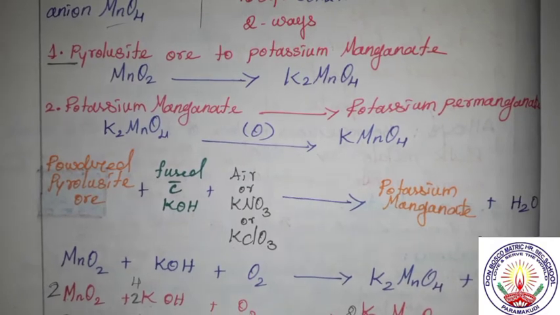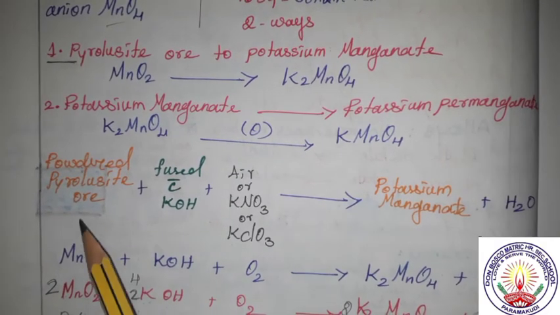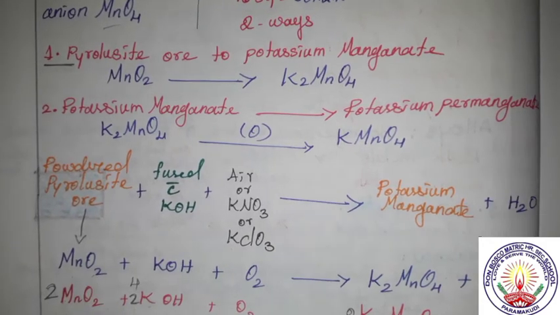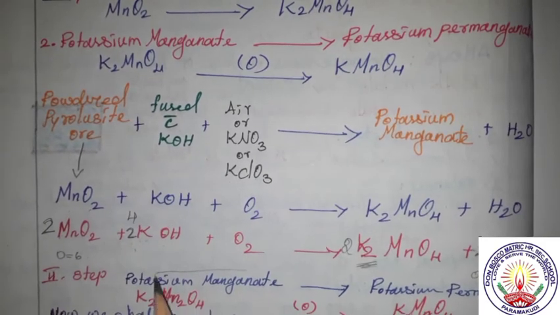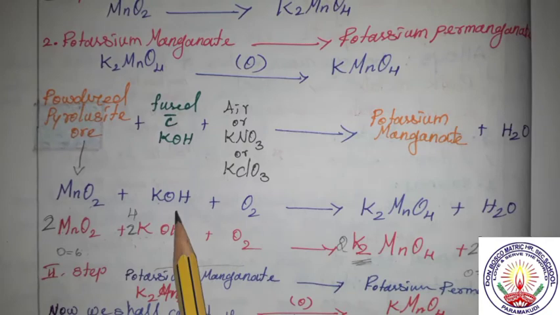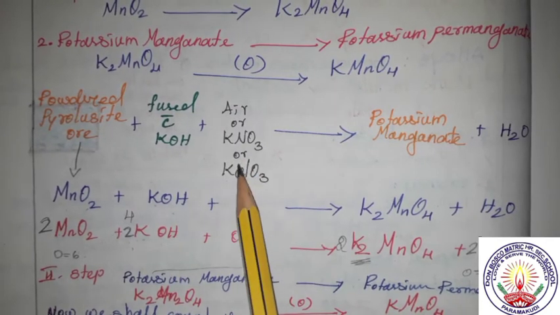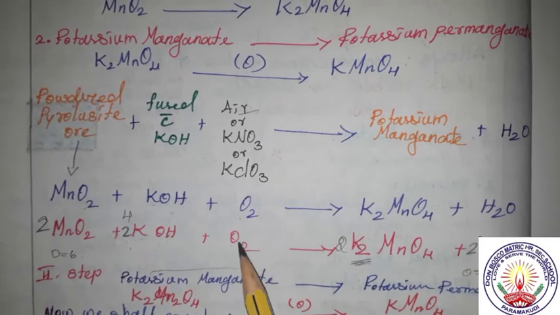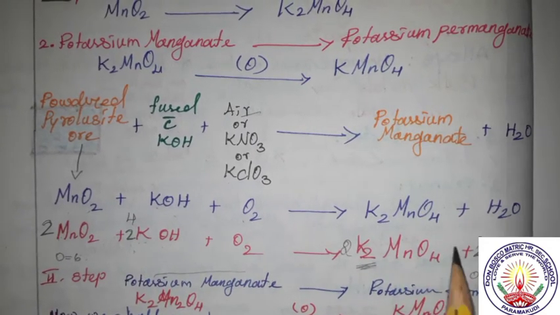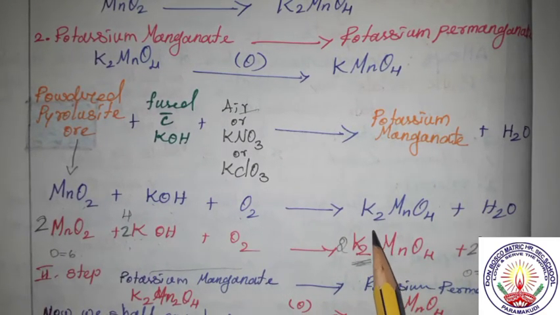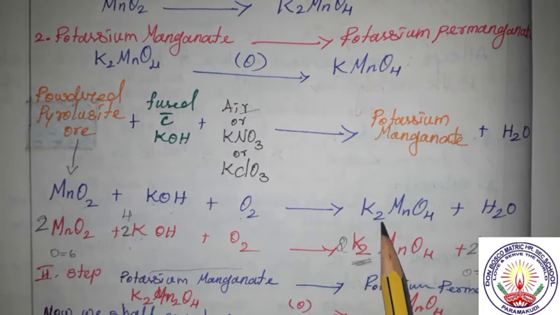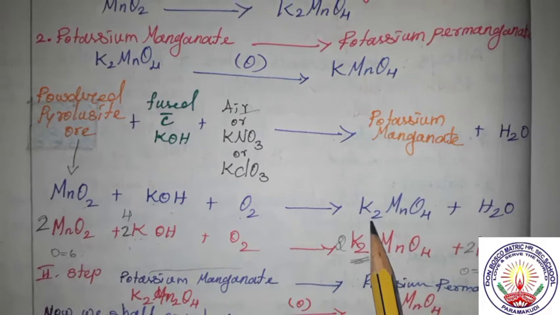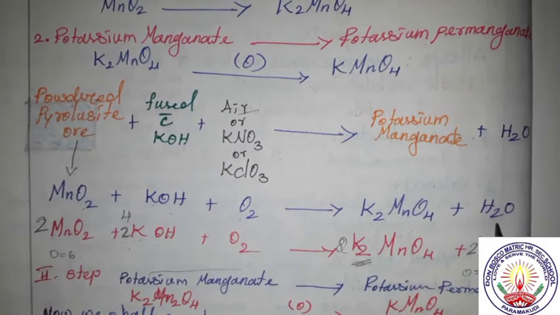Now we shall write the formula for this. The pyrolusite ore is MnO2, fused with KOH, and in any of these we can take one, so we are taking air, and we get the product potassium manganate. The formula for potassium manganate is K2MnO4, plus we get water.